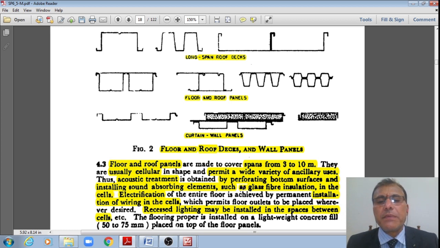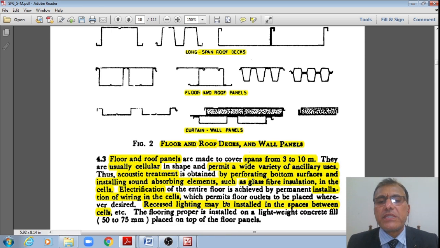The acoustic treatment is obtained by perforating bottom surfaces and installing sound absorbing elements such as glass fiber insulation in cells, right? Electrification of the entire floor is achieved by permanent installation of the wiring in the cells, right?